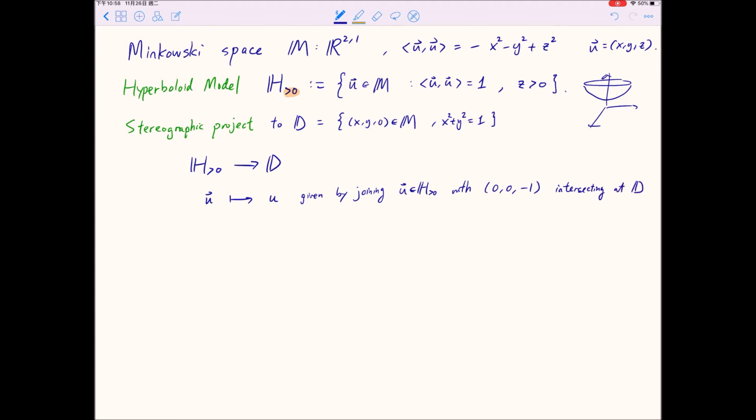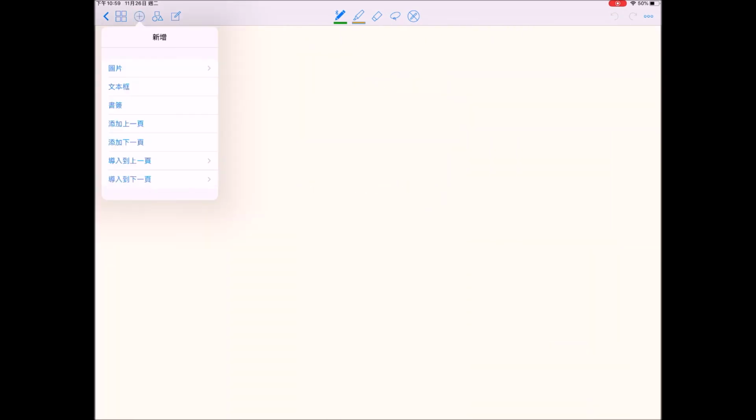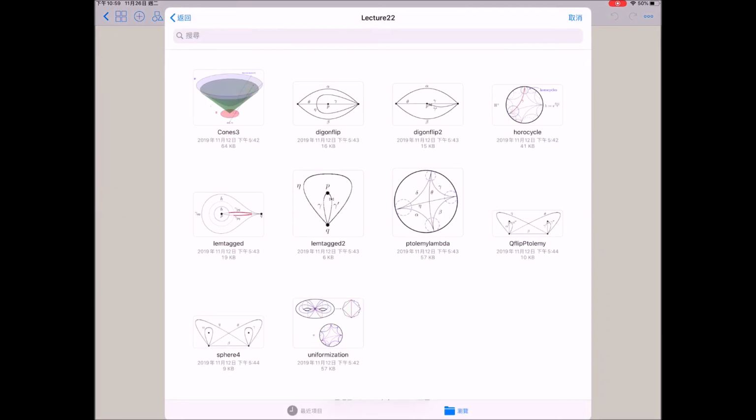So you have a disk here. Then you have a (0, 0, 1) here. Then for a point here, you will join it with (0, 0, -1). The intersection will be the corresponding point. Maybe it's better to just include a graphic here for a better look.